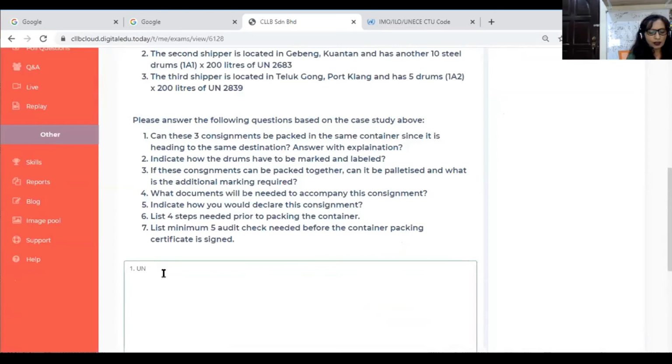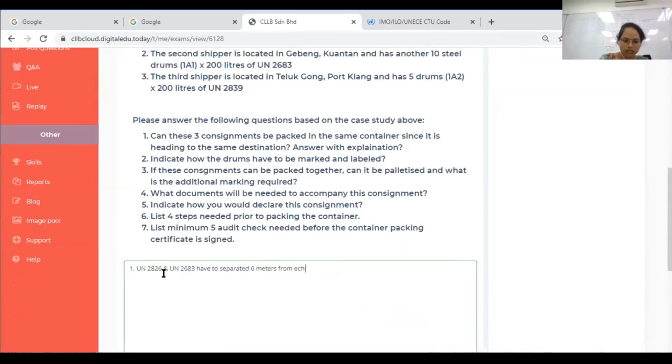You say UN 2826 and UN 2683 have to be separated 6 meters from each other as per SG 36.